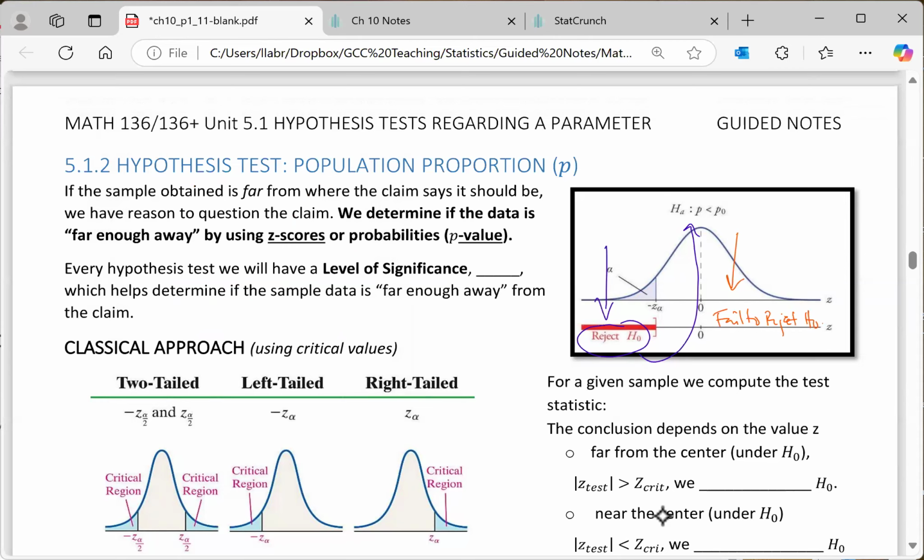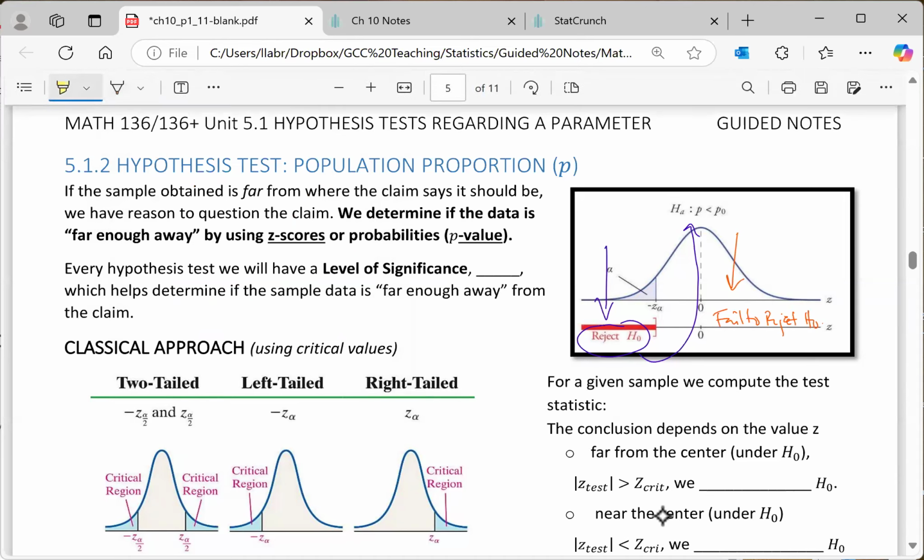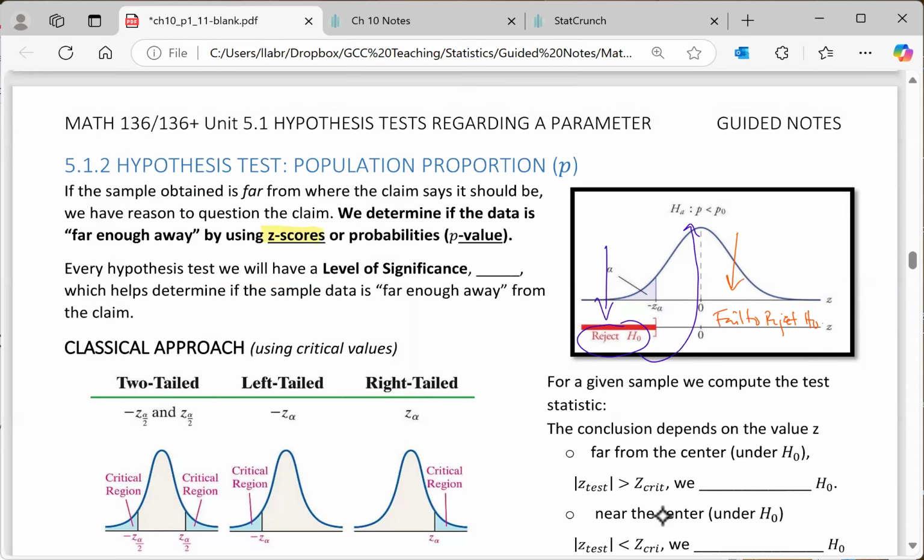Now, the way this actually happens varies. There are two ways for this to occur, and we're actually going to be using both. The one that we've already seen is you use z-scores. This would be called a test statistic, so this is the test statistic approach.